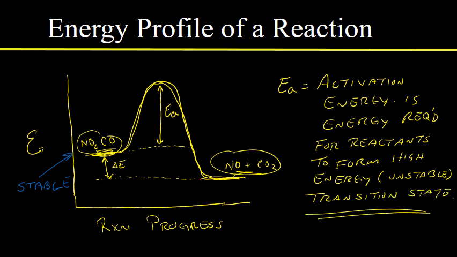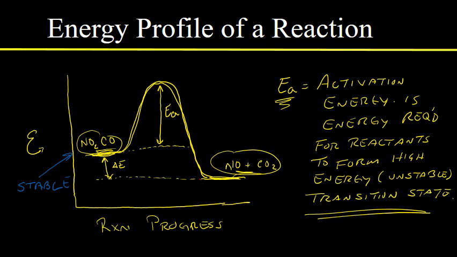All right. So that activation energy, we write that with E subscript A, is the energy required to go from the reactant energy up to that high energy unstable transition state. So where does that energy come from? That energy comes from that collision.